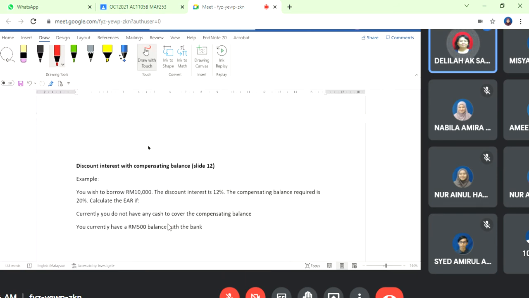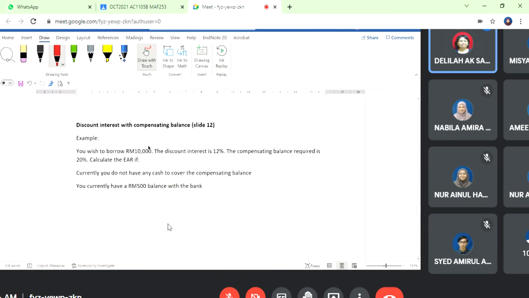Okay, so then we got to learn how to do this one, this discounted interest. So tadi simple interest. So simple interest with compensating balance. Here we got discount interest with compensating balance.